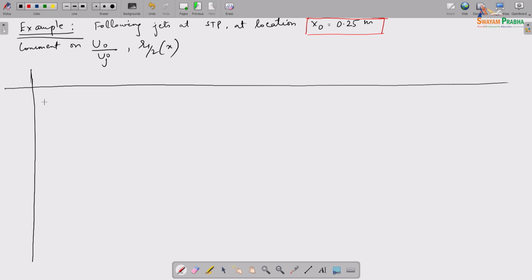So this is the fluid, like what fluid are we talking about? Then we have density rho in kg per meter cube.